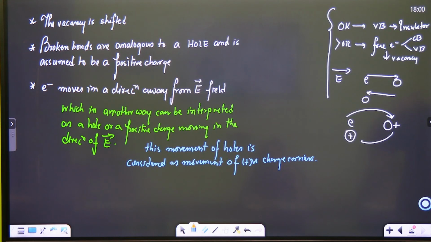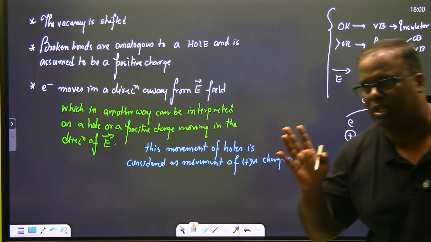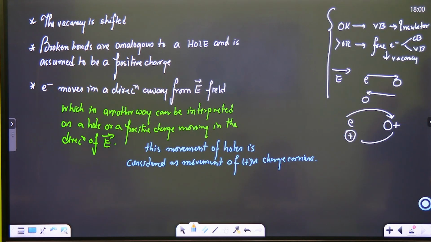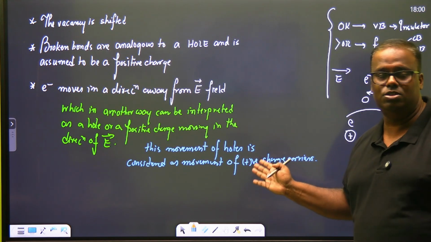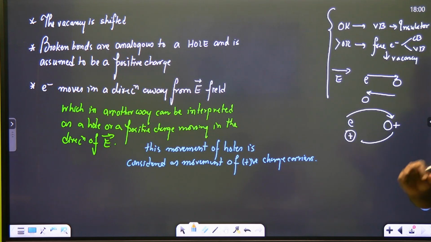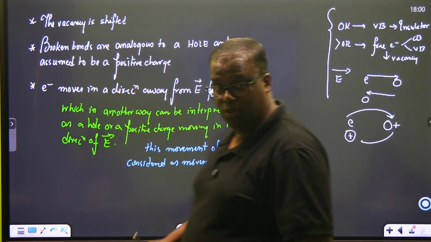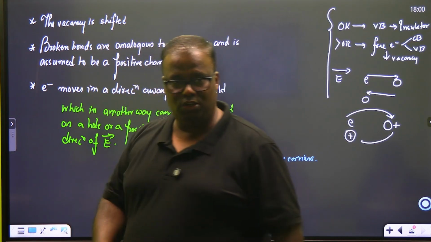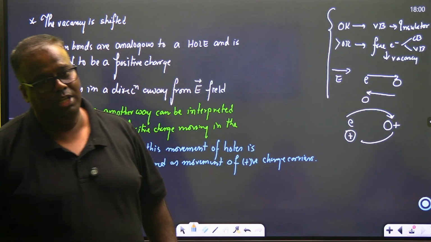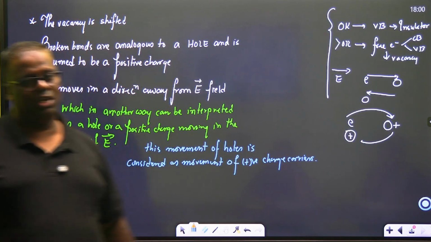The movement of electric current in an electrolyte is due to both positive and negative charges. Similar things you are seeing here also: in a semiconductor, there can be electrons in the conduction band which can be responsible for current. There can also be holes which are actually moving in the direction of the electric field, and these holes are known as positive charges.